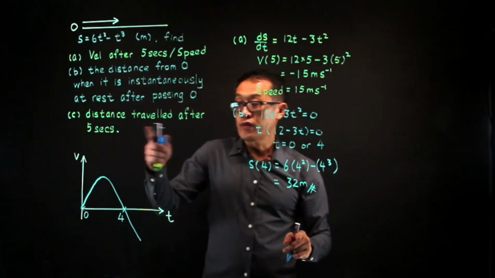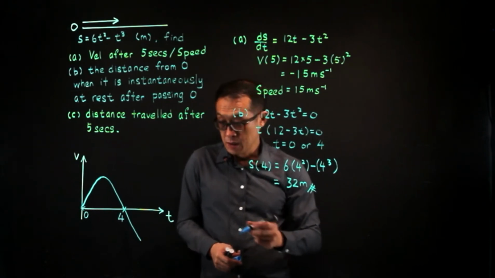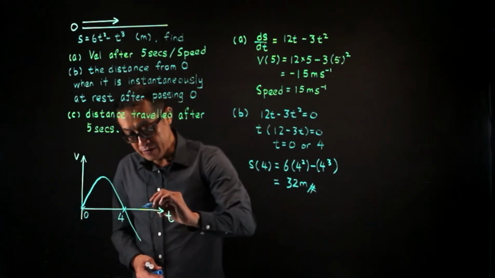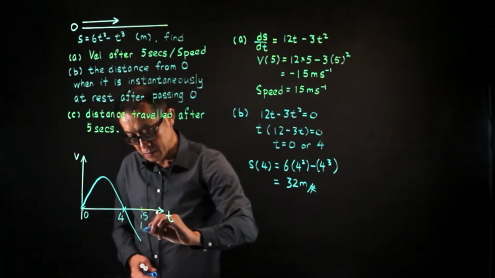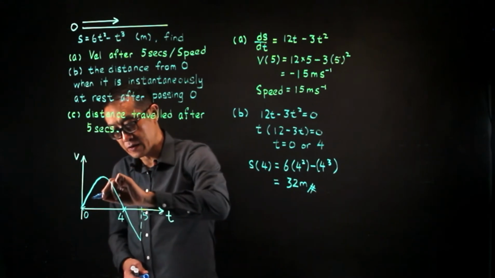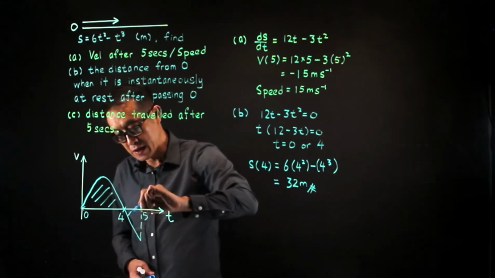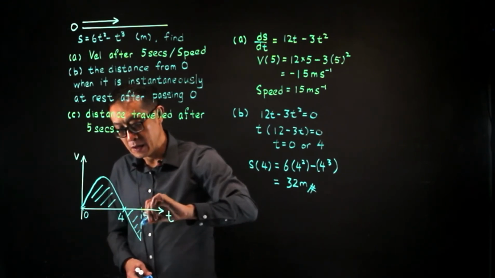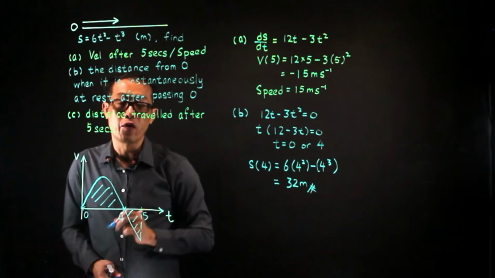Now you are asked to find the distance traveled after 5 seconds. So let's say, assuming that 5 is here. So you are asked to find this distance. It has traveled over here, covered here, as well as here. Now, what does this point when t equals to 4 represent?